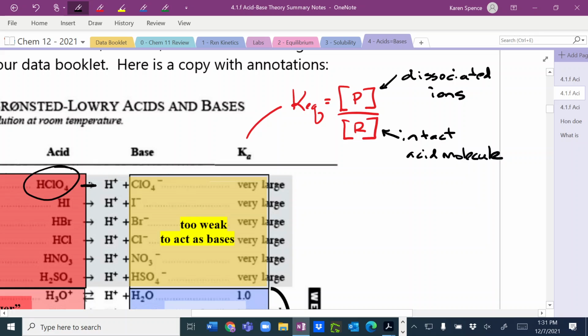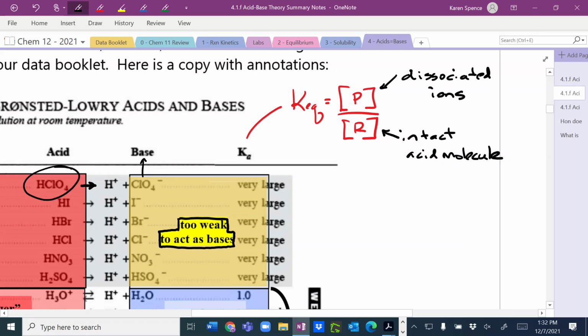So HClO4 will only turn into its conjugate base ClO4 minus. ClO4 minus is the conjugate base of HClO4, but it is too weak to take its proton back. So even though ClO4 minus is on the base side, and even though it is the conjugate base of HClO4, it is actually too weak to act as a base.